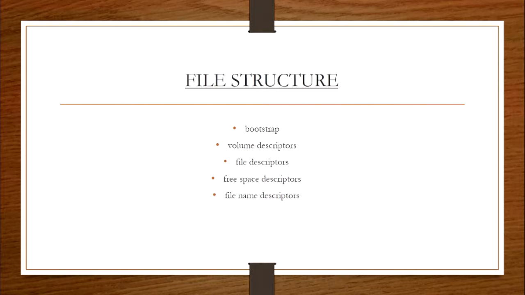Number 2 is file descriptors, which is information that describes a file, for example its ownership, its protection, and its time of last update. The fourth is free space descriptors, which list blocks of unused space that can be allocated to files. The last part is file name descriptors, which is a data structure that associates user-chosen names with the file.